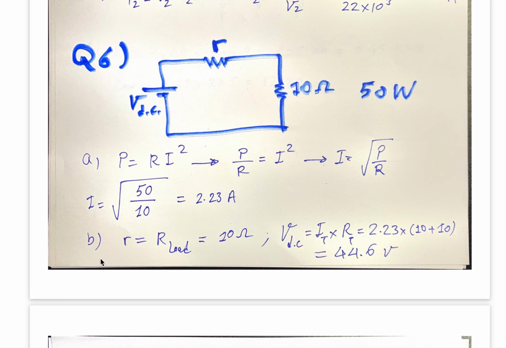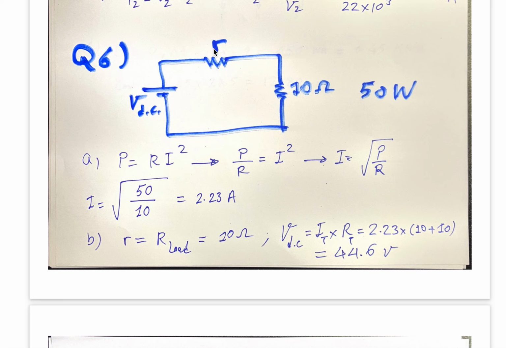Section B is with the original assumption saying power dissipation in the load is maximum. Find the internal resistance of the battery as well as the voltage of the battery. We know this internal resistance of the battery, or in a wider saying, the Thevenin resistance of the rest of the circuit, equals the resistance of the load if the load is dissipating the maximum power. So R lowercase equals R uppercase, or the load, and that equals 10 ohm.